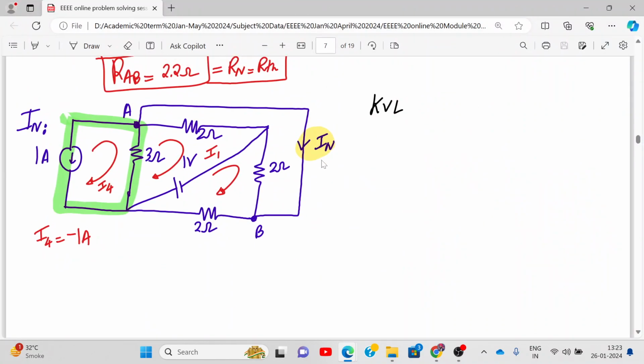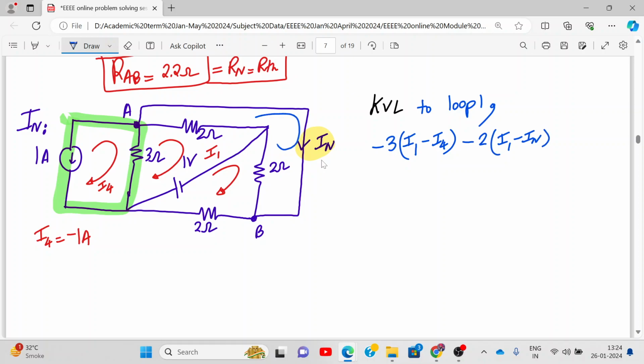KVL to loop 1. What do we get over here? -3 (I1 minus I4), right? Then -2 (I1 minus IN). Are you understanding? This third current is IN. Then +1 or -1? +1.